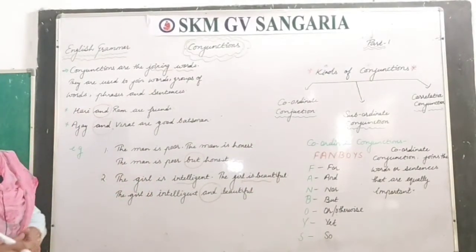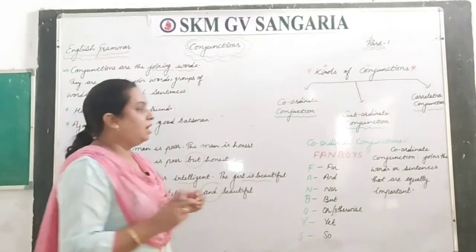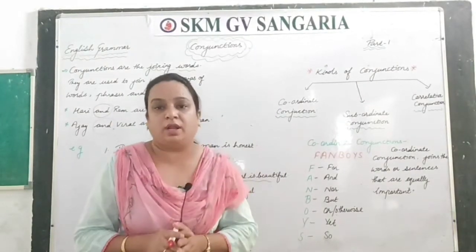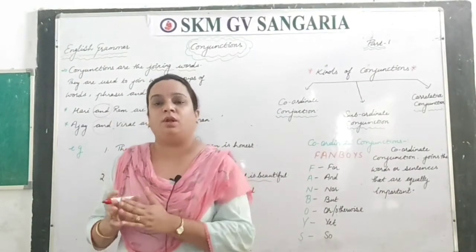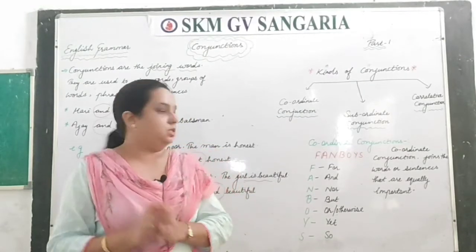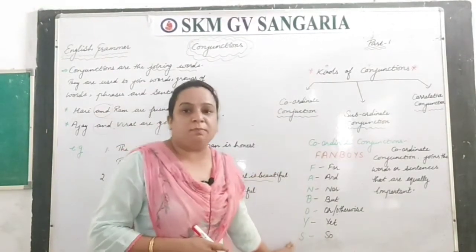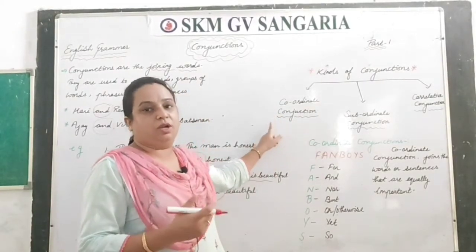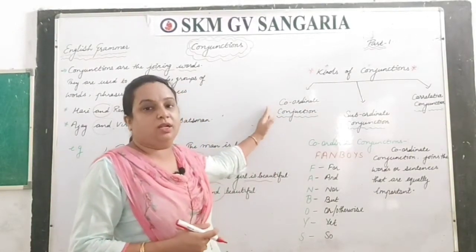So let's understand now how we have to remember, how we have to learn which words are coordinate, which are subordinate and which are correlative conjunctions. I will give you a very simple idea to learn the first kind of conjunction, that is coordinate conjunction.